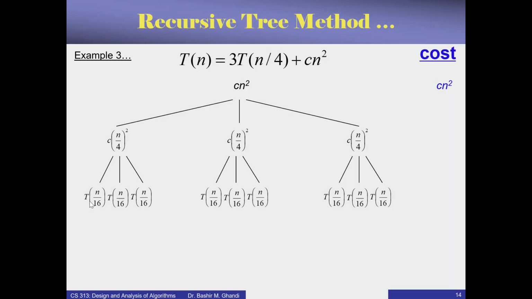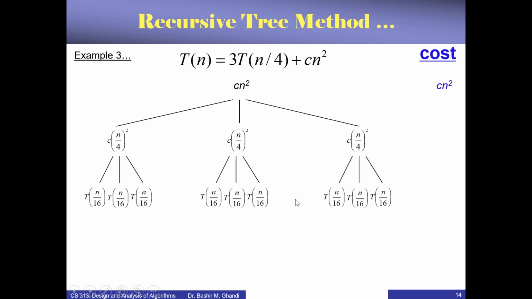So that is what we are doing here. So c(n/4)², and then each branch will have T(n/16), T(n/16), T(n/16), 3 times, and the same thing here, and the same thing here.